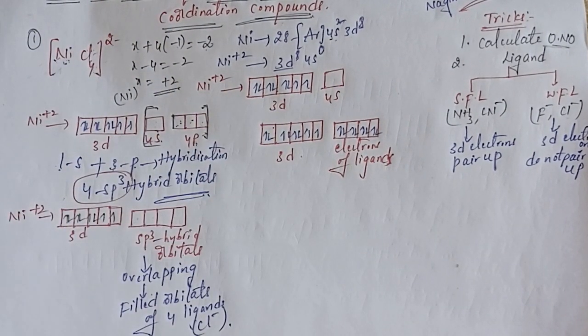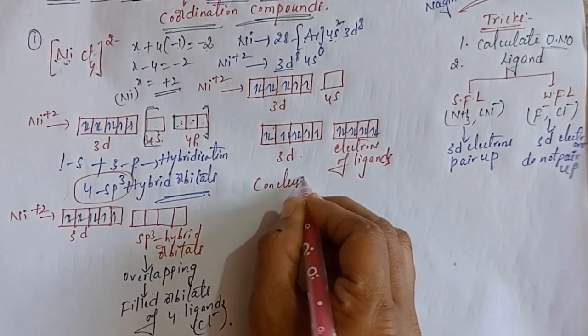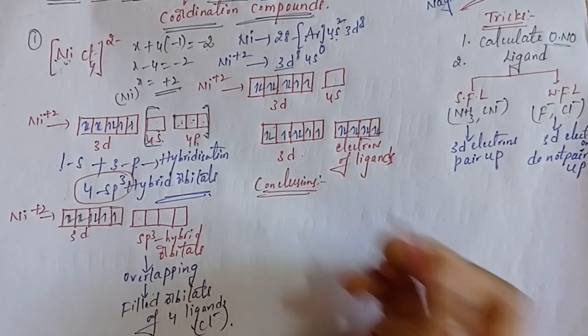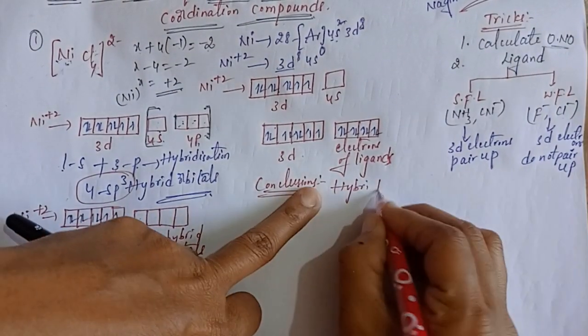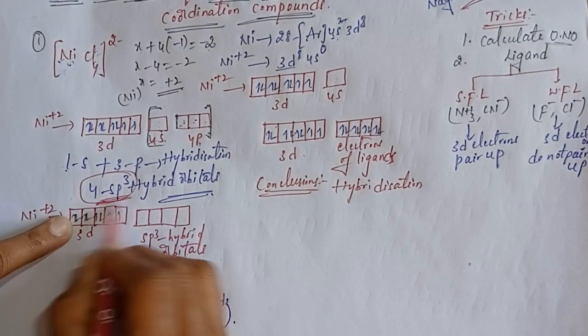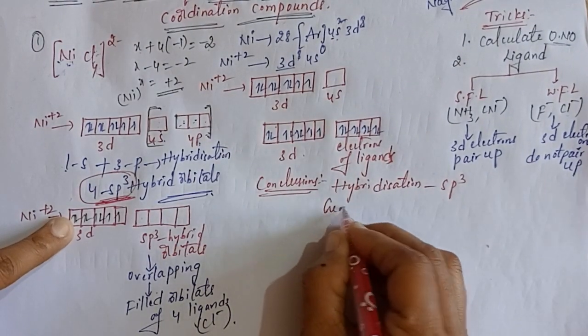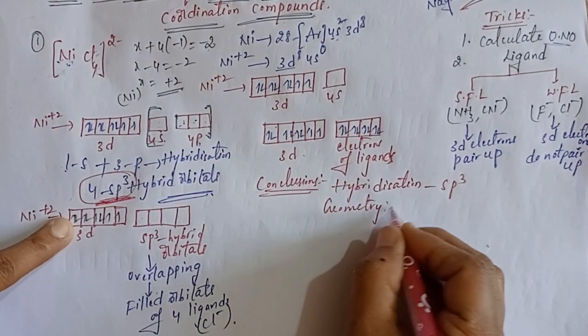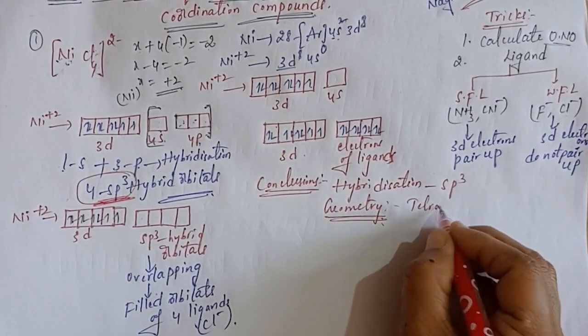Okay. Now conclusions, students. What are the conclusions? See here. Hybridization. Tell me, students, what is the hybridization here? sp3 hybridization. What is the geometry, students? sp3 hybridization means the geometry is tetrahedral shape.